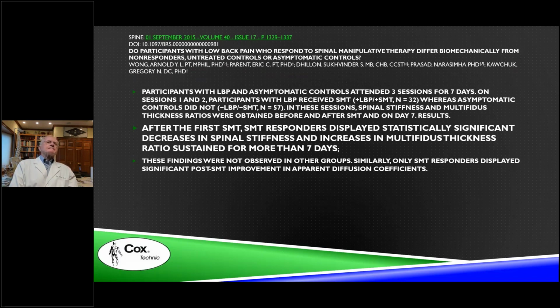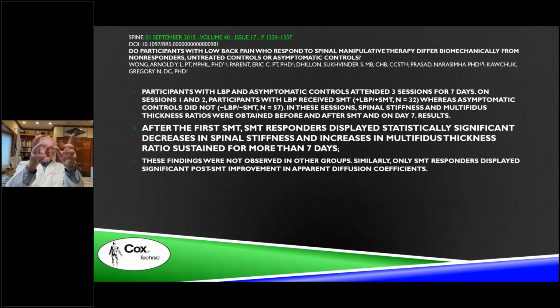What is it that makes what you and I do successful? You read this paper by Wong et al., and I'd ask you to note that Greg Kawchek is on this paper as well. Increased range of motion.